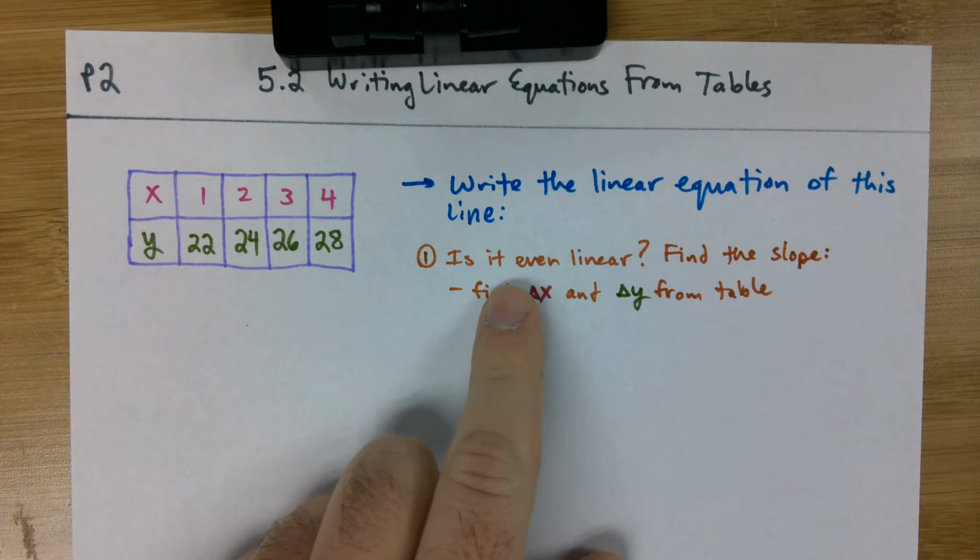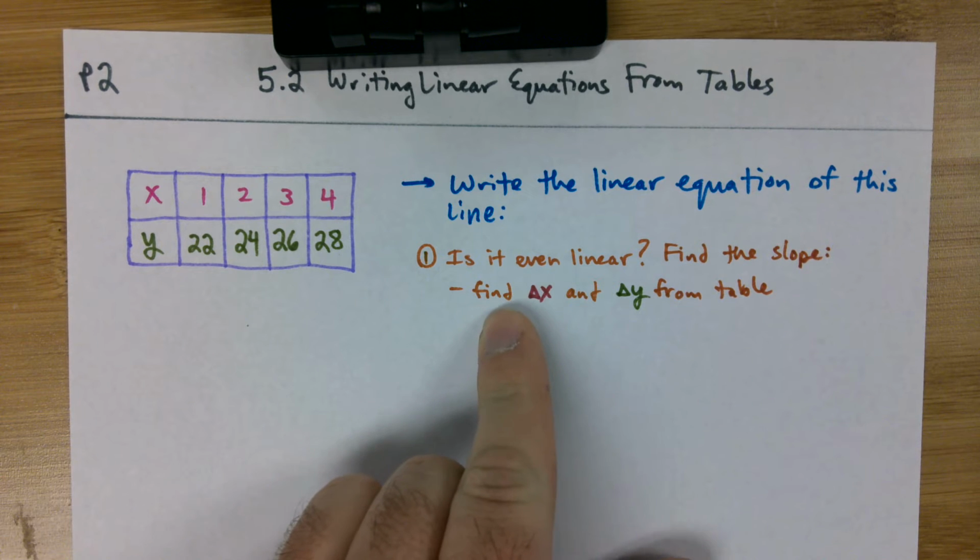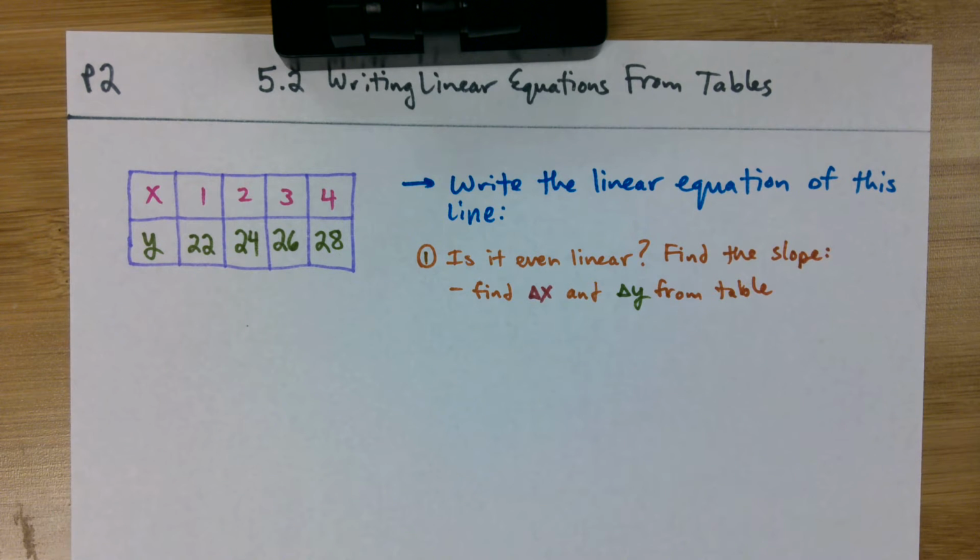So after the question, is it linear, I added this note, find the slope. And then I put a note down here, find change in x and the change in y from our table.